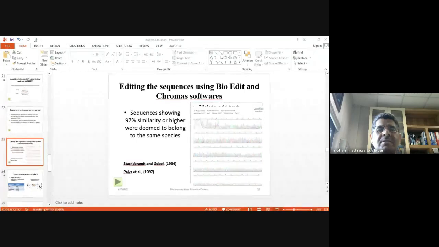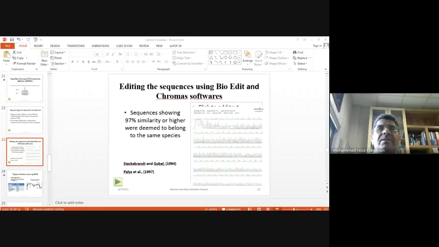After editing, sequences showing 97% similarity or higher were deemed to belong to the same species. This percentage is very important. It is like a cutoff: if the similarity is 97% or more, it is okay.